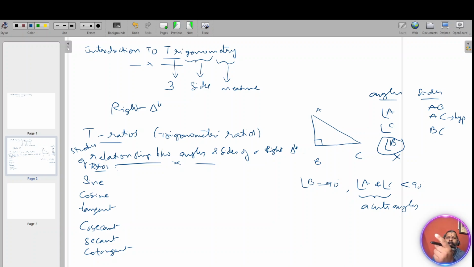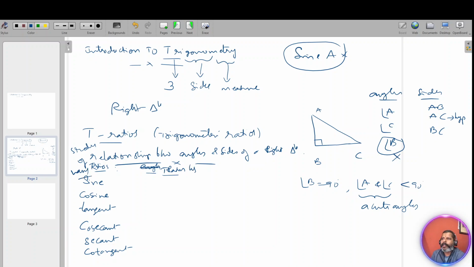When we study these ratios with respect to A or C, they become sine A, sine C, cosine A, cosine C, like that. How do we write these? In actual usage, we don't write the full names. These are the names actually.